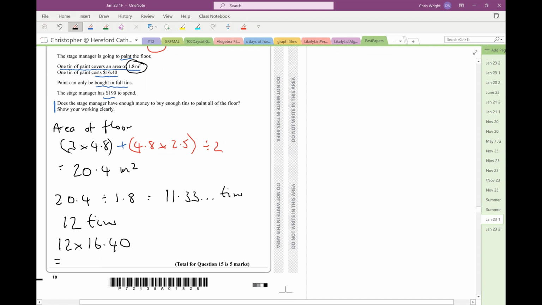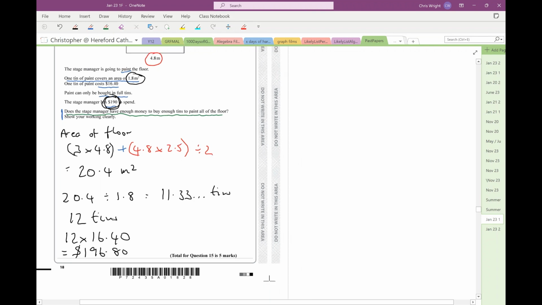16.4 times 12 is $196.80. The store manager has 190. Does he have enough money? Now you have to answer with a yes or a no, because the question is, does the store manager have enough money to buy enough tins of paint to paint all the floor?